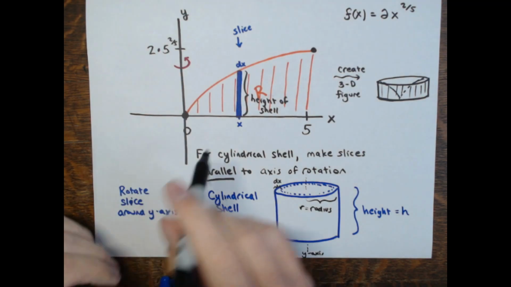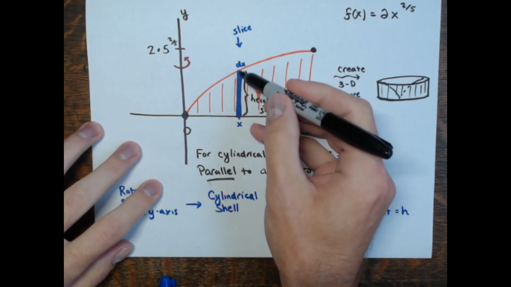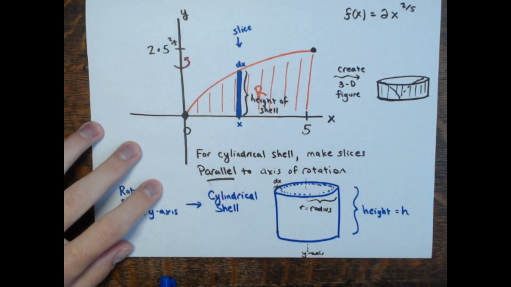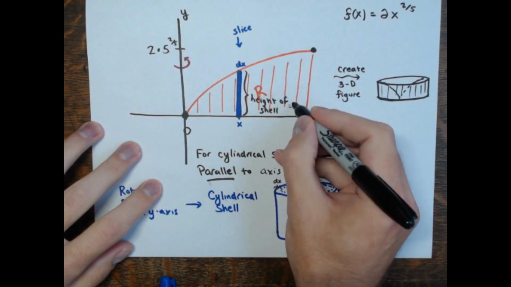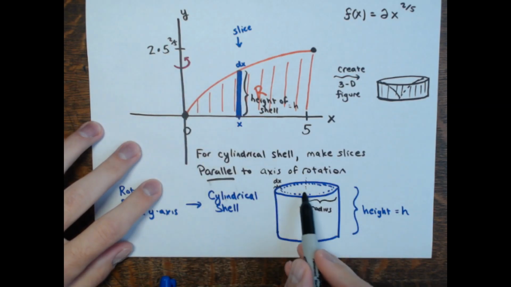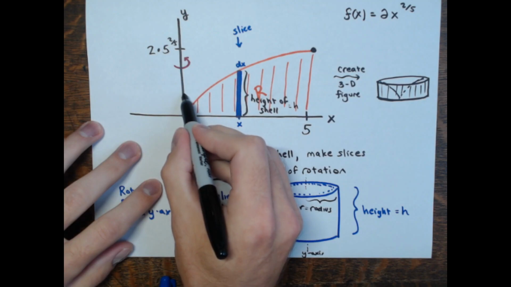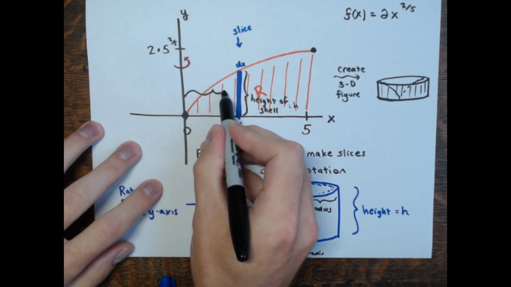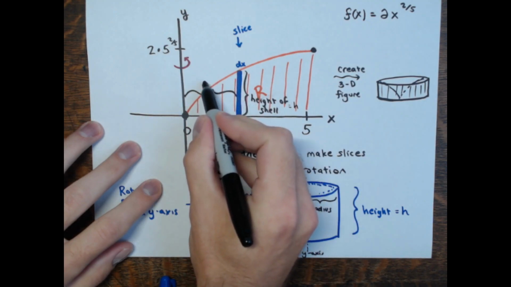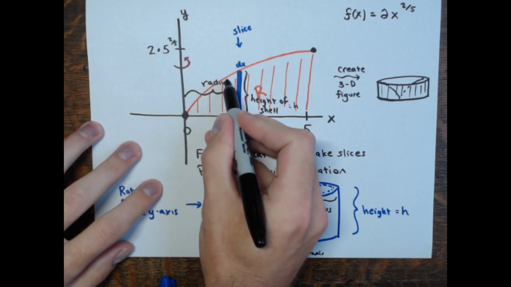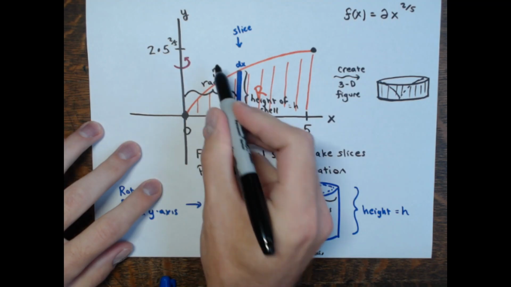And on my picture of the region, the height of the rectangle is the height of the shell, h, and then this radius I'm going to look for is the distance from the axis of rotation to the rectangle. So that's the radius of the shell, which again I called r, right?